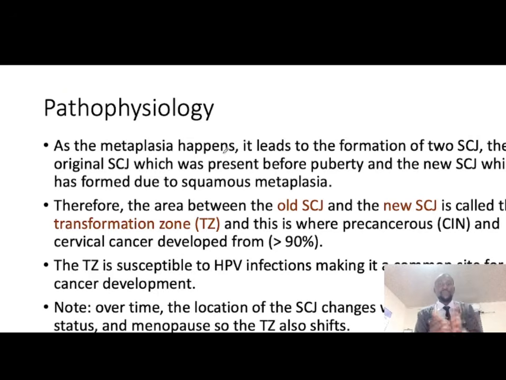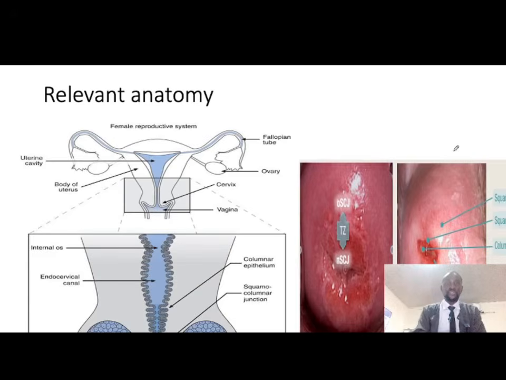Let me just show you. We had this squamocolumnar junction that was right here, and this columnar epithelium lining this.